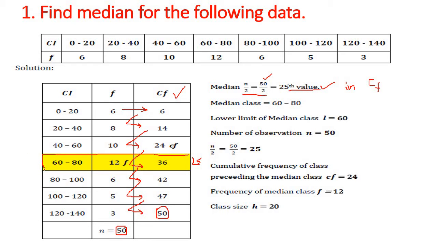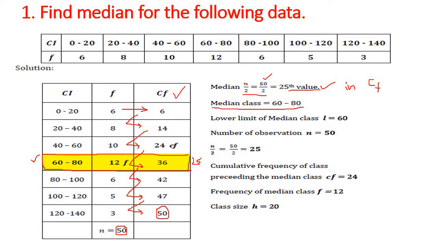Here the class interval is 60 to 80, and this 12 is the frequency of the class. So 60 to 80 is called the median class.